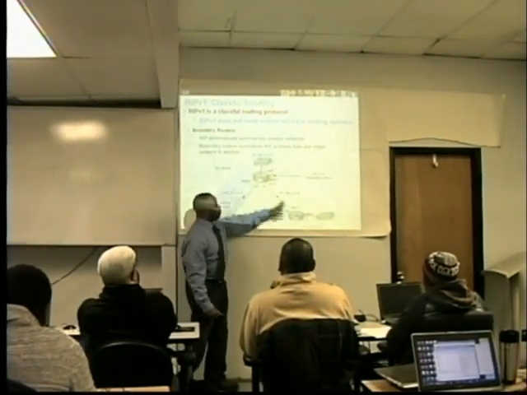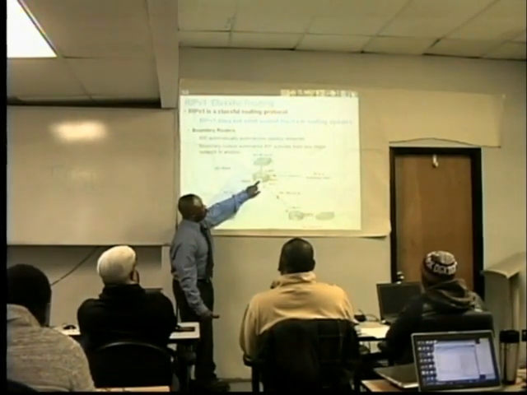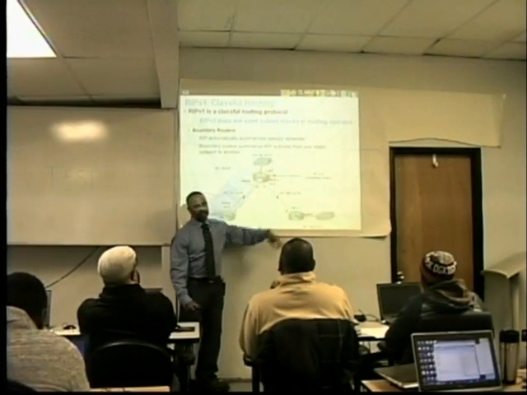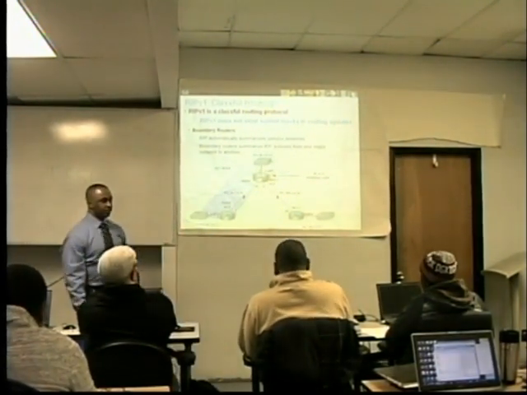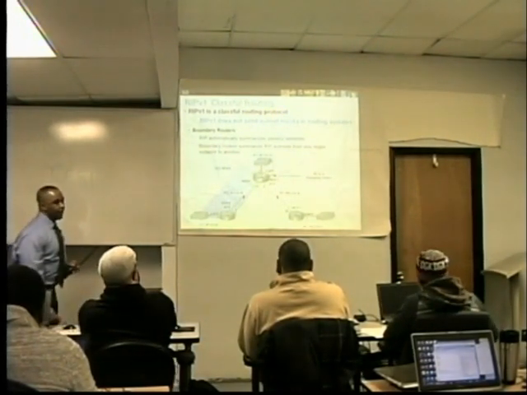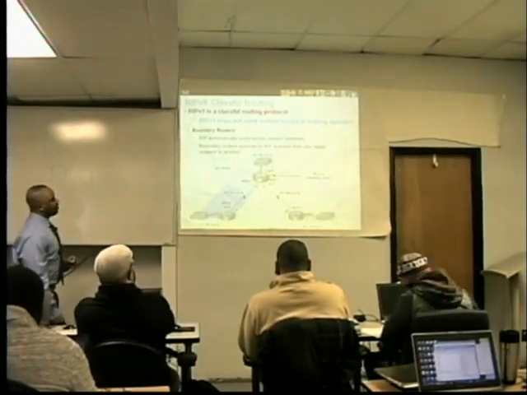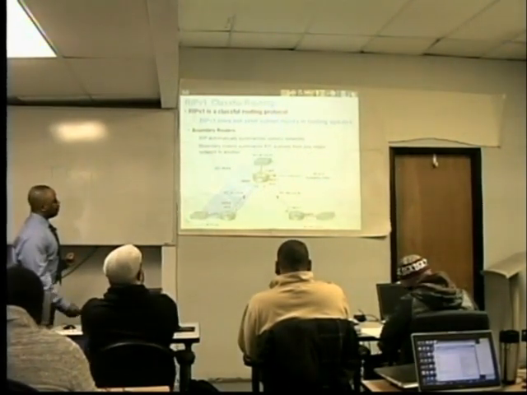So as a result, R2 becomes our boundary router, and R2 is the router that's going to advertise that automatic summarization. Good question, sir. Does everybody follow me? So RIP automatically summarizes classful networks. Let's go a little further.